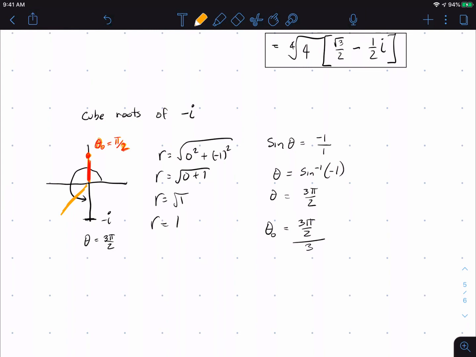So 90 plus 120 is 210. But I want it in radians, so I'm going to just do that math real quick. So pi over 2 plus 2 pi over 3, 3 pi over 6 plus 4 pi over 6 is going to give me 7 pi over 6.